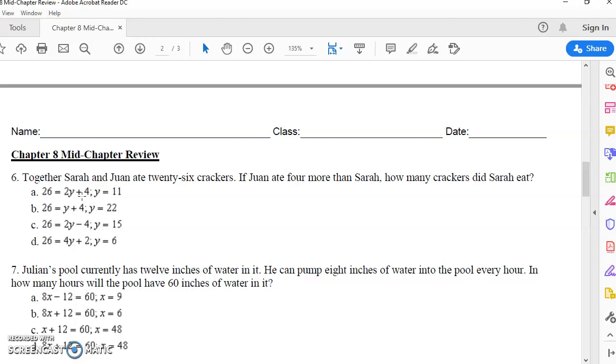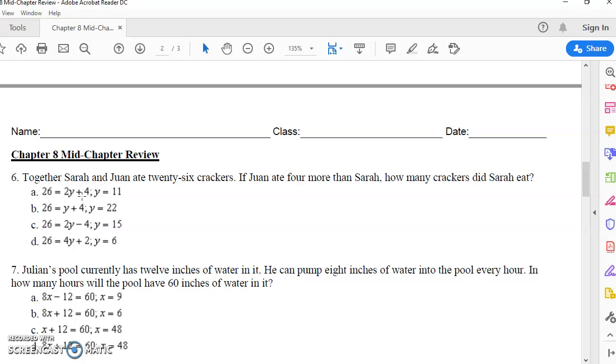So, how many crackers did they eat? They ate 26, so 26 is the actual answer to your equation. But we have to figure out how many crackers Sarah ate. Well, 4 is going to represent how many Juan ate, so we know 4 is going to be part of the equation.